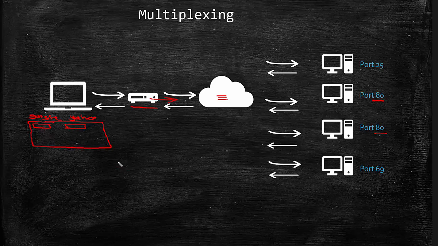How? You saw that we have source port and destination port fields in our headers in TCP and UDP. So when we want to send traffic, for example, to Google's website, we say our source port number is 1024. There are some predefined port numbers that I'll show you in a tick.